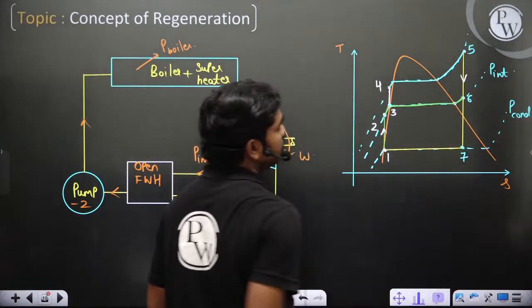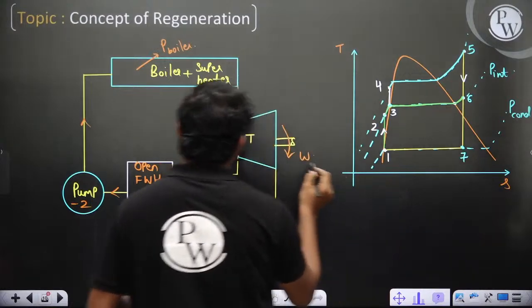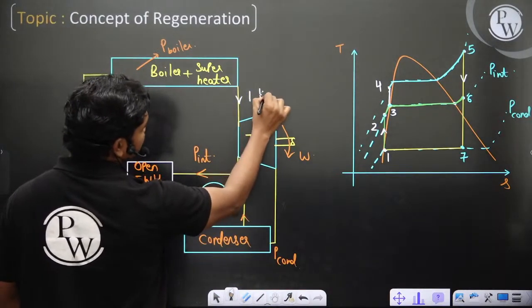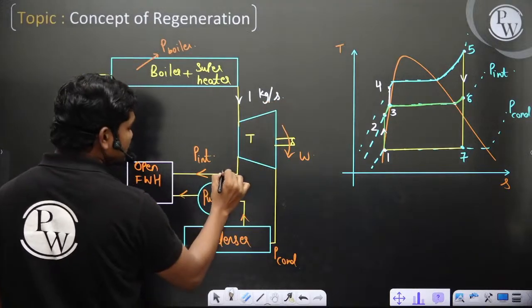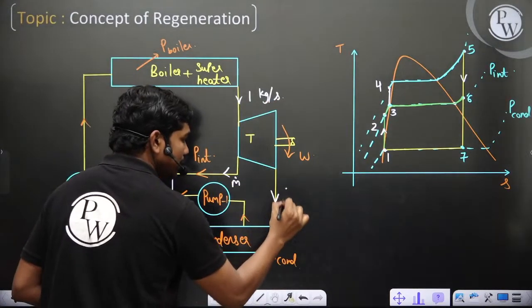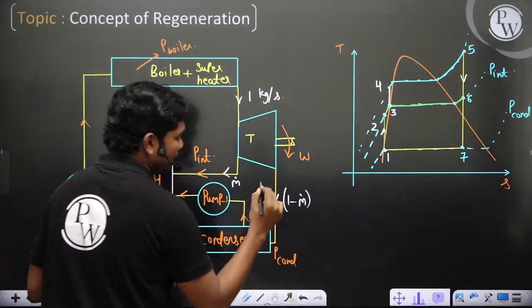That's it. Clear? Let's say for example, 1 kg per second of steam is flowing in total, out of which you have taken out m dot kg per second, then in this circuit it is 1 minus m dot, because of mass conservation.